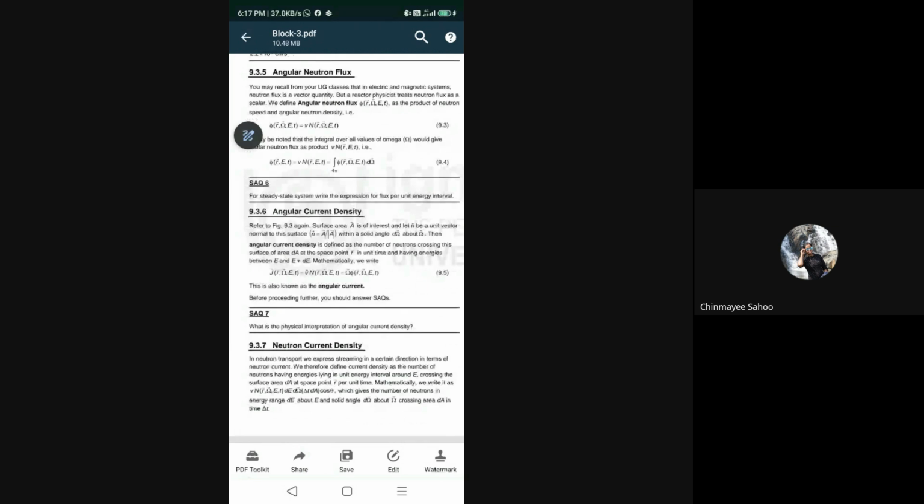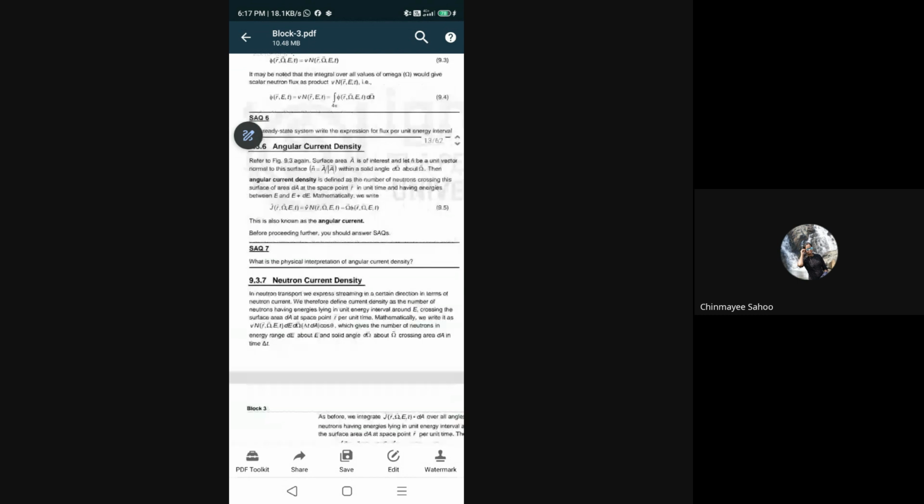So mathematically we can write J is equal to V multiplied by N. This can be written as omega multiplied by phi, where phi is a function of r, omega, E, and t. This is also known as angular current. So angular current is a vector quantity. Normally current is a scalar quantity, I is a scalar quantity. But angular current of neutrons is a vector quantity.